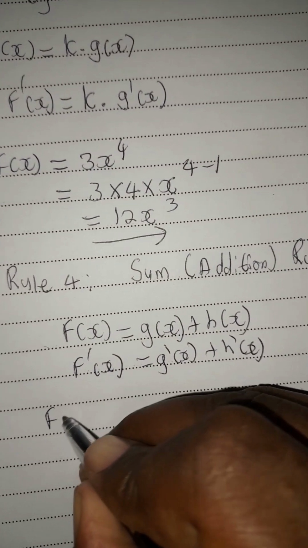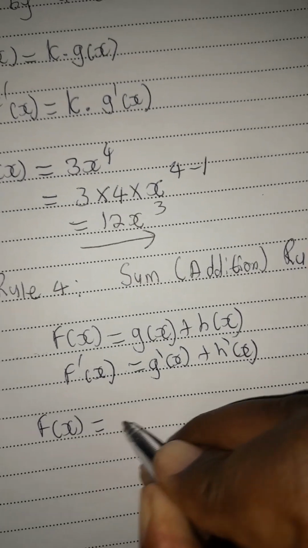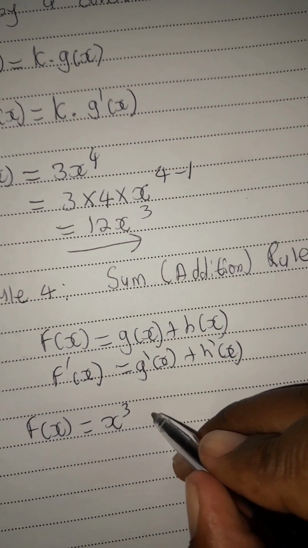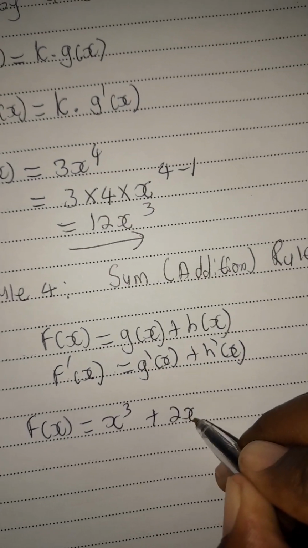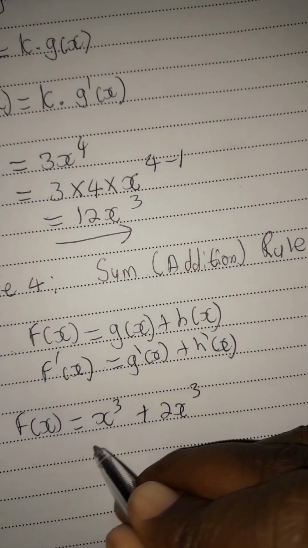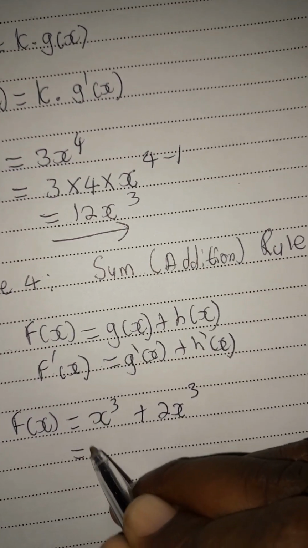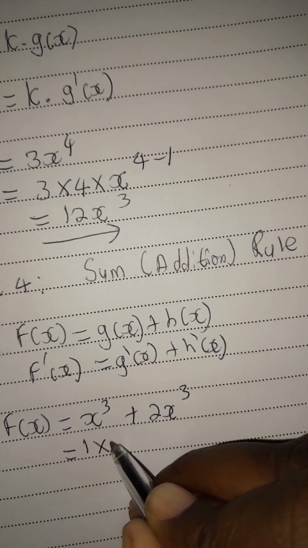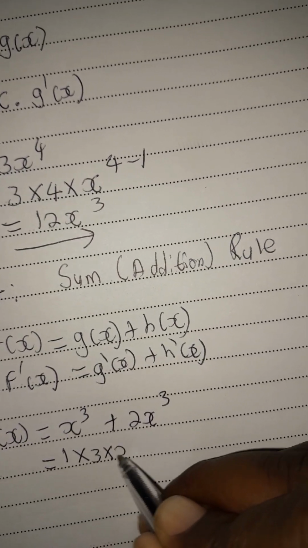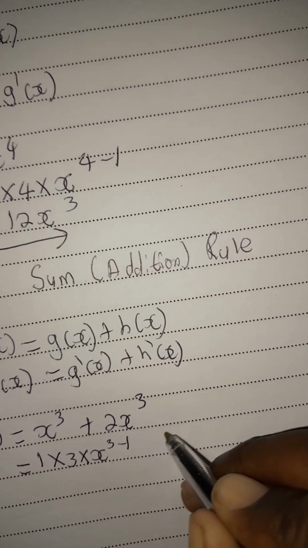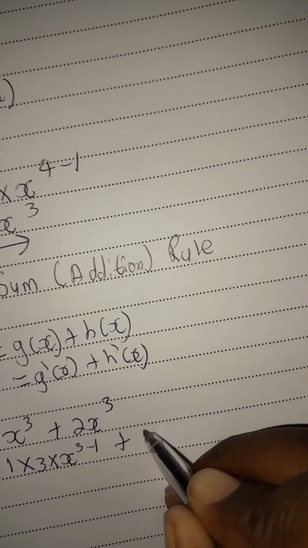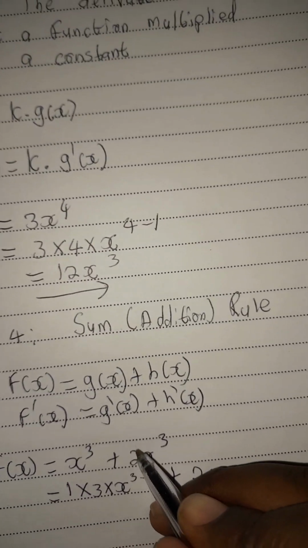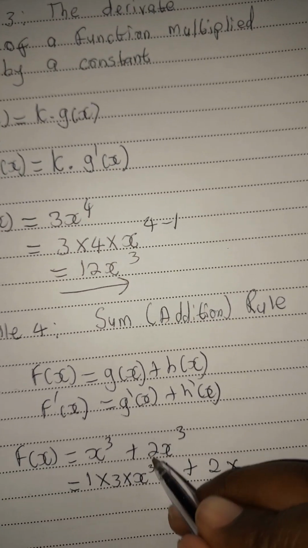Let's say I have f of x equal to x cubed plus 2x cubed. So we know how to differentiate this. Remember, the coefficient multiplies the power. 1 times 3 multiplied by x to the power of 3 minus 1, plus 2. Yes, remember, this is a derivative of a function multiplied by a constant.